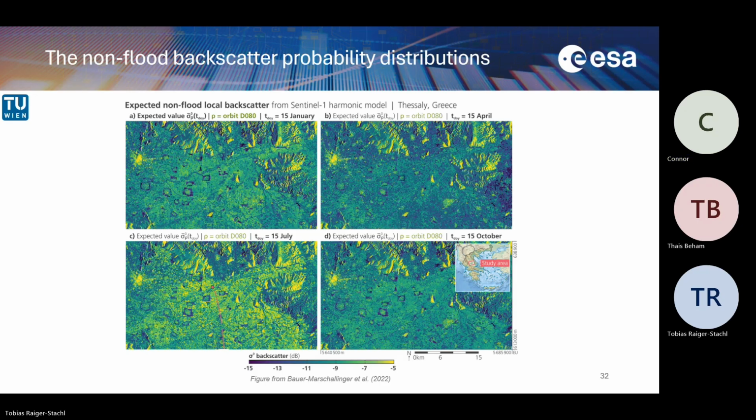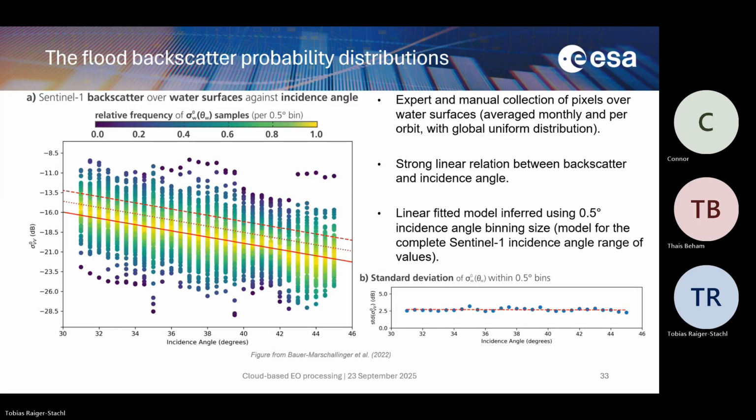Next one. And this is the example of how we computed the flood backscatter probability distribution. We expertly and manually collected pixels all over the world of water surfaces, averaged monthly and per different orbits, and with a global uniform distribution. Then we put in correlation the backscatter compared to the incidence angle, which is something very peculiar to SAR.